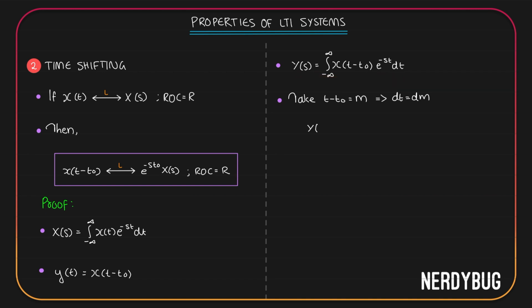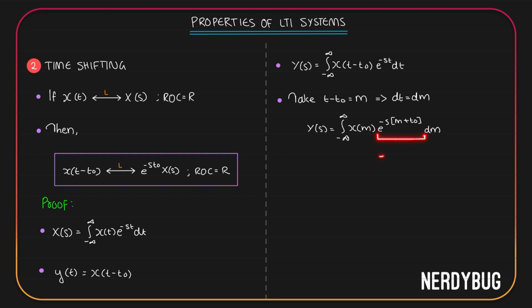Then we get y of s is equal to integral from minus infinity to infinity x of t minus t naught becomes x of m, e raised to minus s times t, and t is now m plus t naught. dt will become dm.